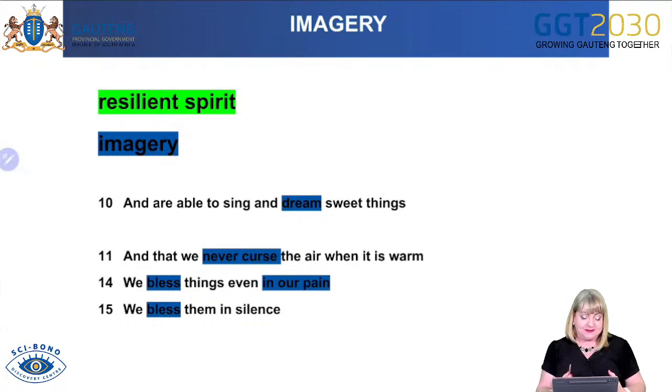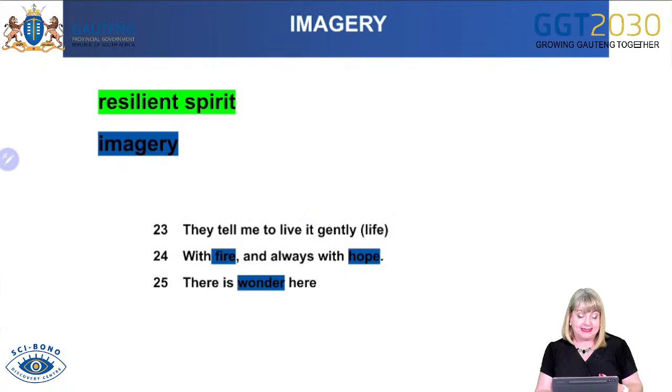And he emphasizes this idea of we bless them in silence. So they never ever curse, no matter how hard it is, no matter how hot the day might get, no matter how scarce the water might be. There are never curses. It is always this idea of blessing. And that shows the resilient spirit.